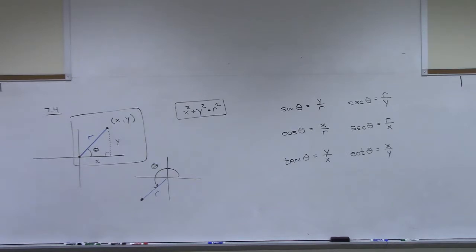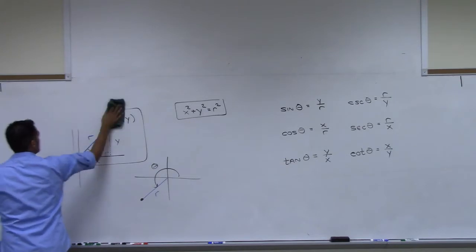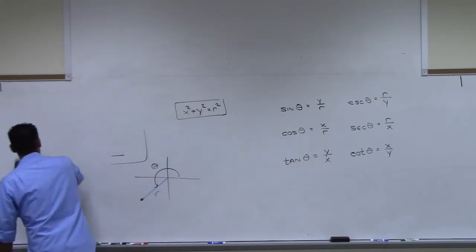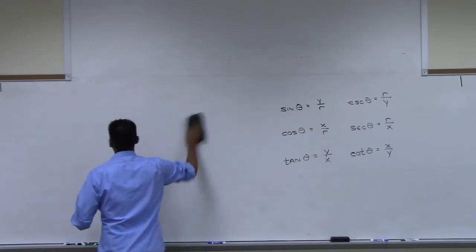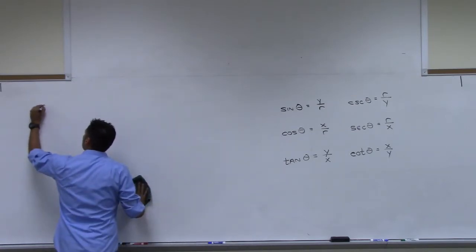So let's go ahead and try and find the value of one of these 6, or value of some angle that's not within the first quadrant. Let's see how the formula will work. And we're going to do this first one by me giving you a point. All right? So example.